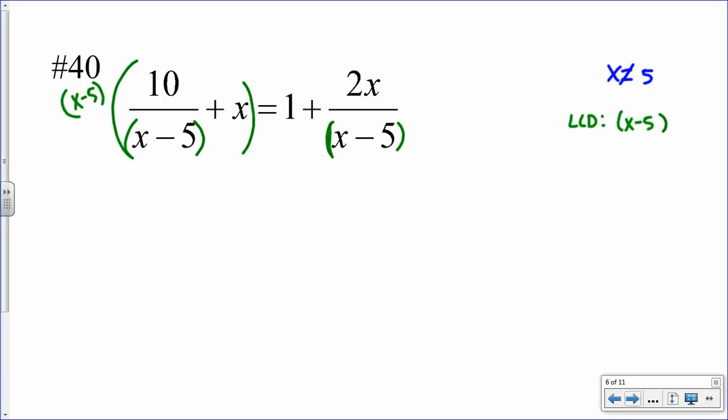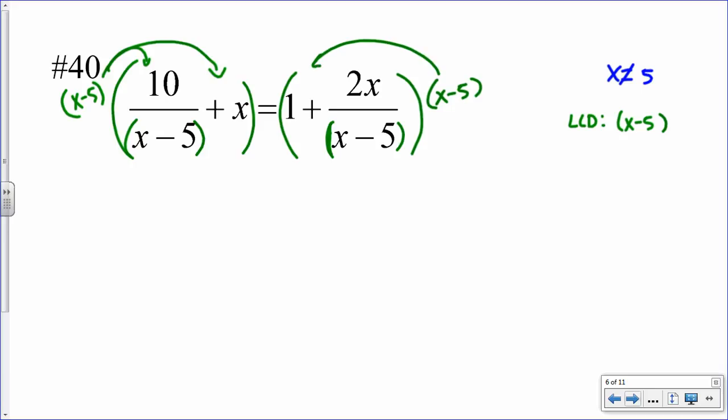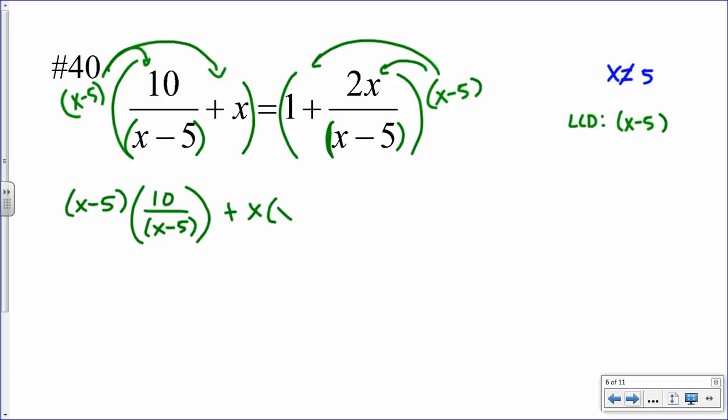I have two terms on the left, so I will distribute. I also have two terms on the right, so I will distribute. When I do x minus 5 times x, I'm going to put the x in front of the x minus 5.